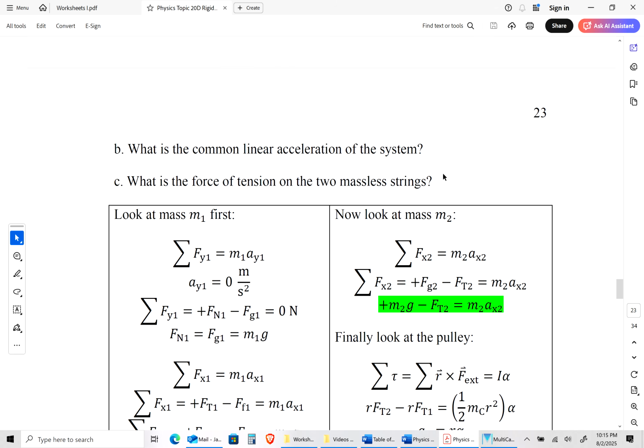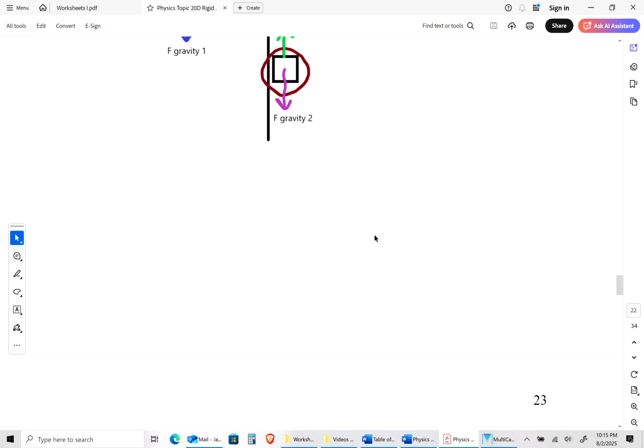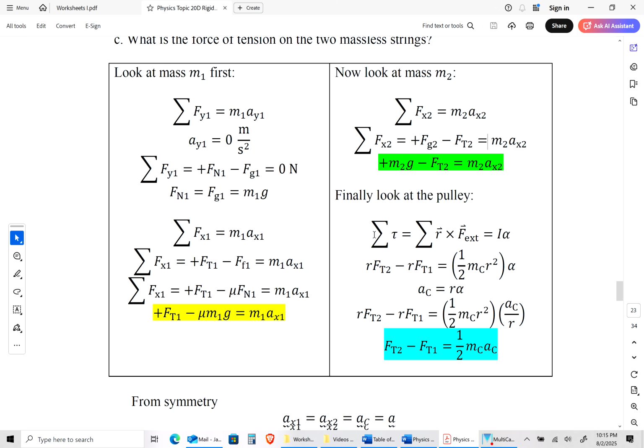Now finally look at this pulley. It's going to move clockwise, yeah? Sigma torque equals I alpha. So R FT2 minus R FT1 equals I times alpha, where I is the moment of inertia of the cylinder. Remember a equals R alpha, so substitute that in here.